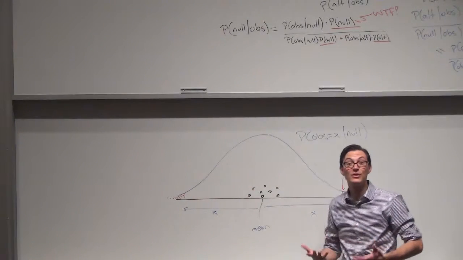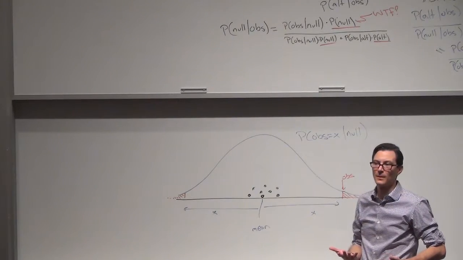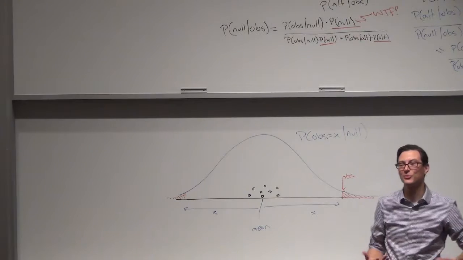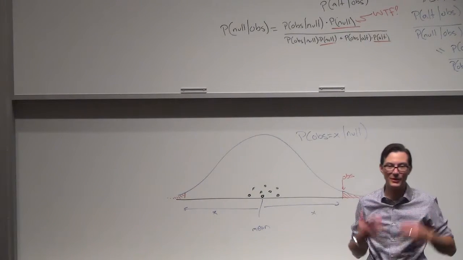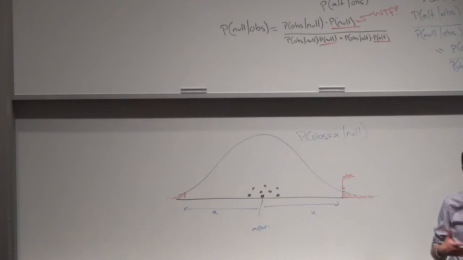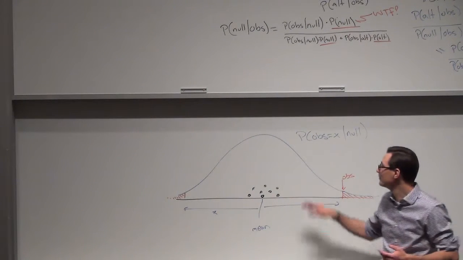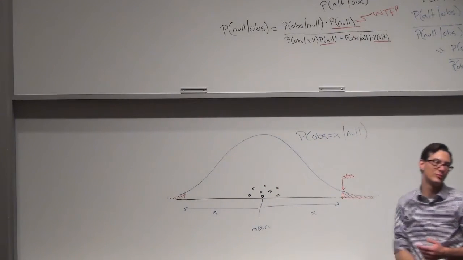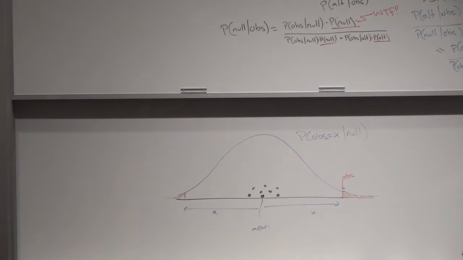So conceivably we could do this. It would take a long time. There's a lot of protein coding genes, and so there's a lot of different possible combinations of 20 that you could pick. But conceptually, because we have access to the true population, we could empirically build the true, absolute, actual null distribution of the statistic of interest.